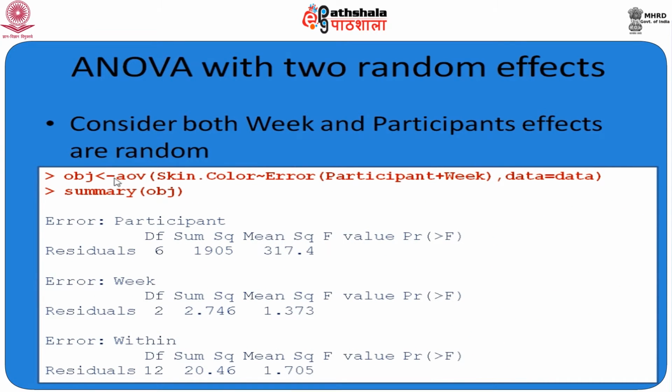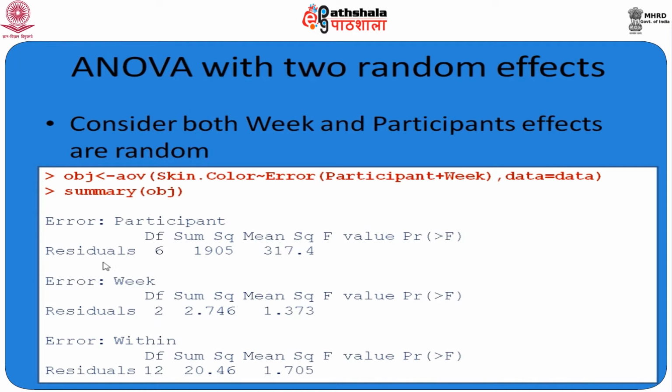To do this, we can use the same manner, the first syntax that I used for the aov function: skin, and then within the Error function you put participant plus week, then these two would be considered as the random components. And to get the summary, you can just generate the summary from this object, and it will give you the three variance components.